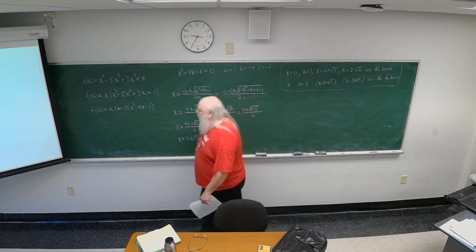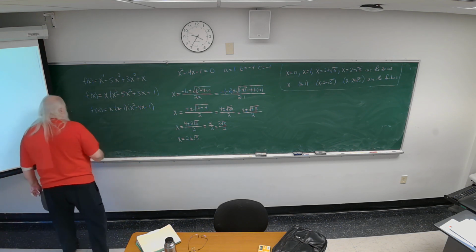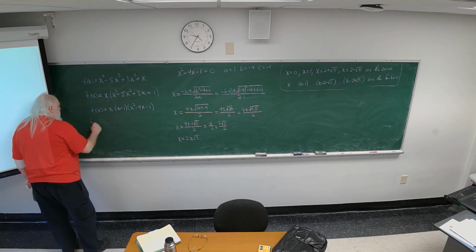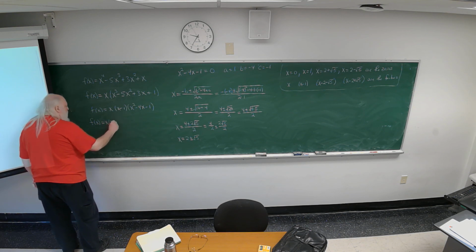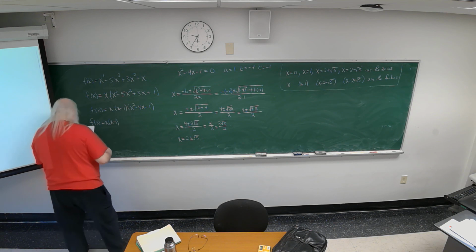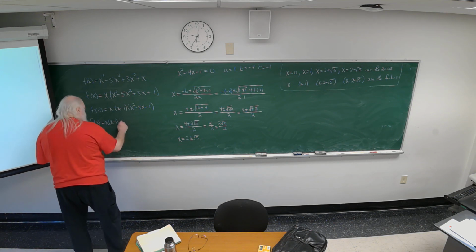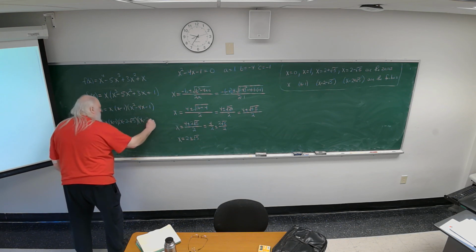So the complete factorization of our fourth degree polynomial is f of x is equal to x times x minus 1 times x minus 2 minus the square root of 5 times x minus 2 plus the square root of 5.